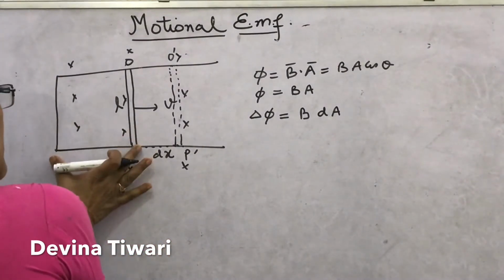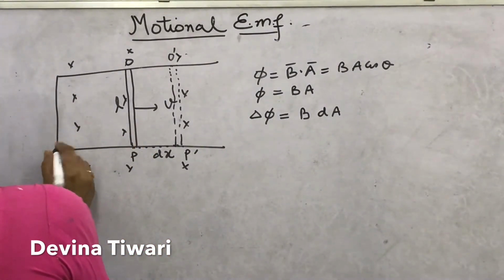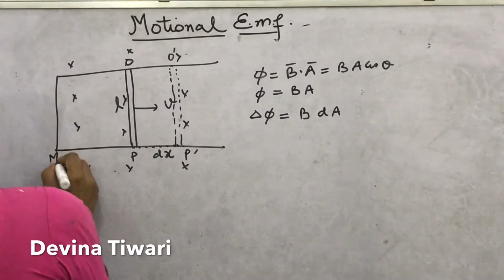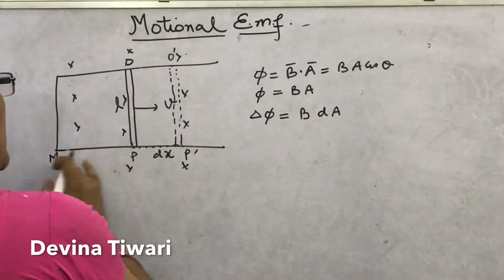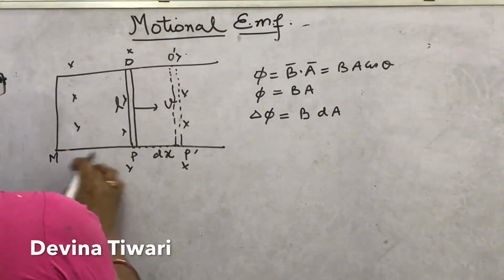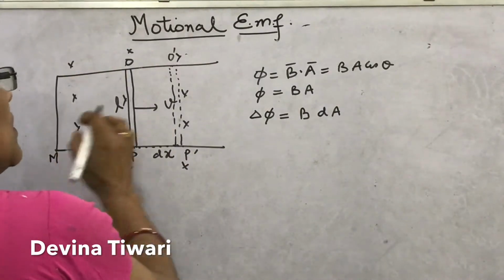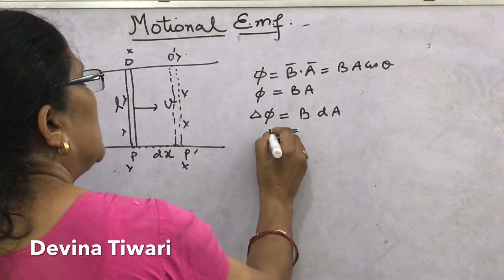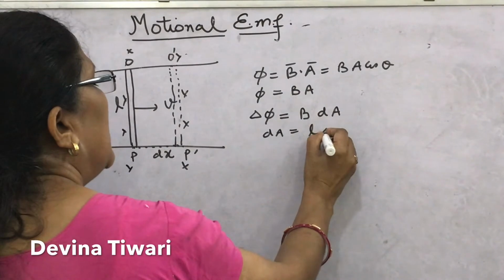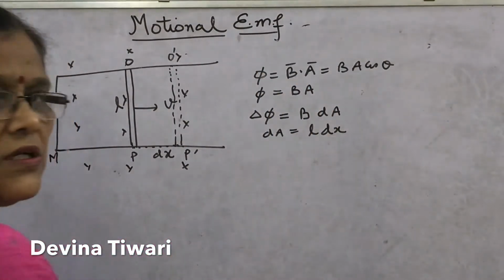Initially it was from point M to P, so this was the area, and after time dt the area is from M to P dash and this whole. So what is the change in area? You can find that the change in area is L dx.